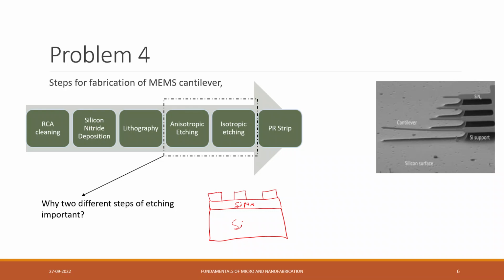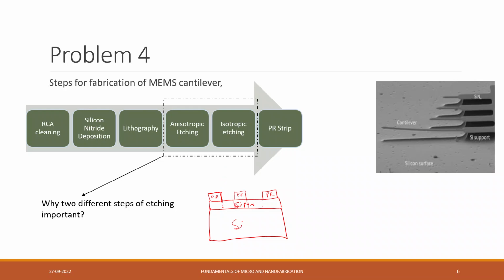We have developed the solution, so this is the PR. Now we go for silicon nitride etching. First we etch it such that it is anisotropically etched, so vertically we will etch it. It will be etched like this.